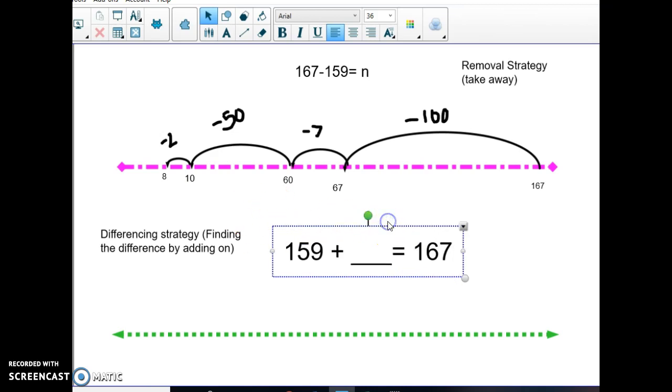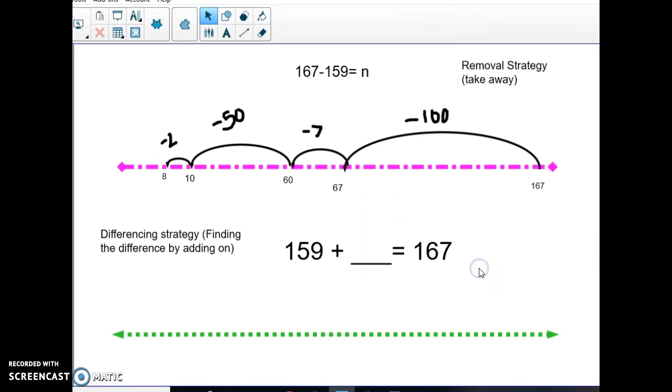Because that's basically the same. It's the same relationship with the numbers because I'm finding the difference: 159 plus blank equals 167, or 167 minus 159 equals blank.